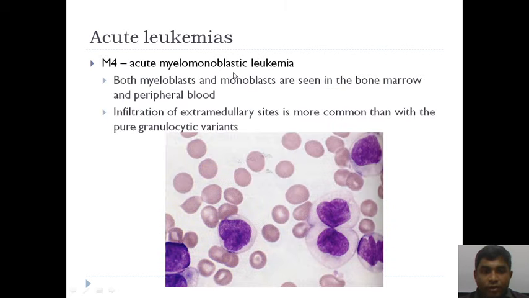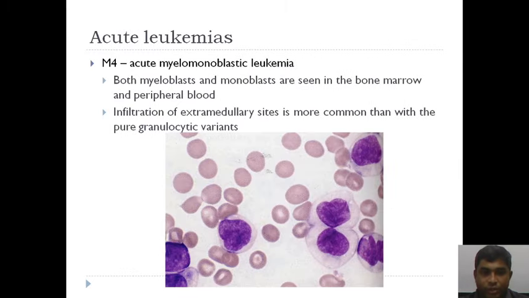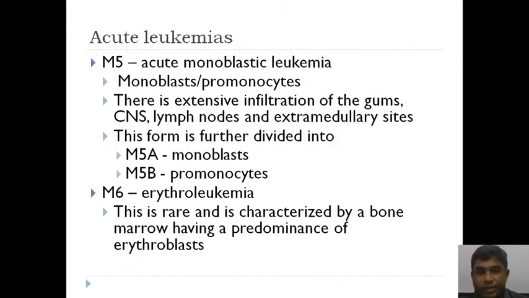You can have acute leukemias with a monoblastic component. M4 is one where you have both myeloblasts as well as monoblasts. When both of these are present, it is AML M4, and this one has a predilection to commonly involve extramedullary sites.